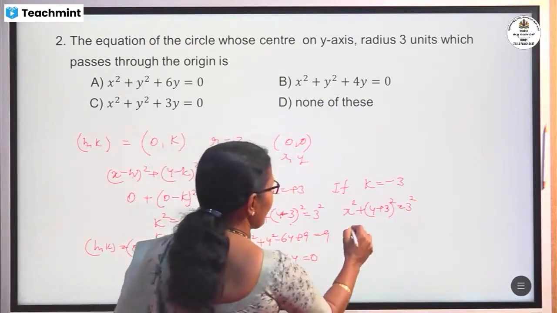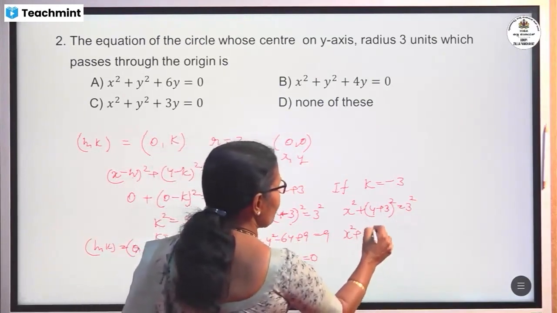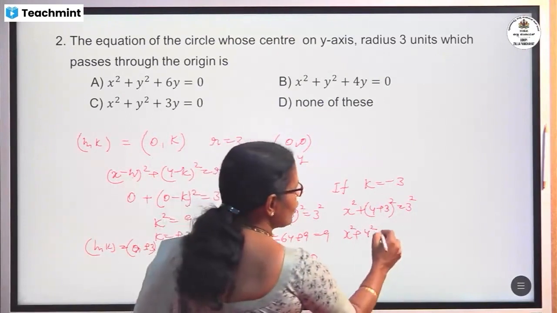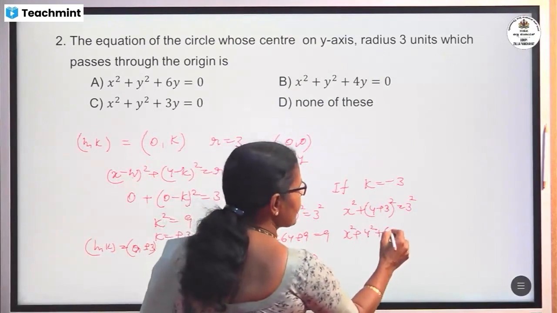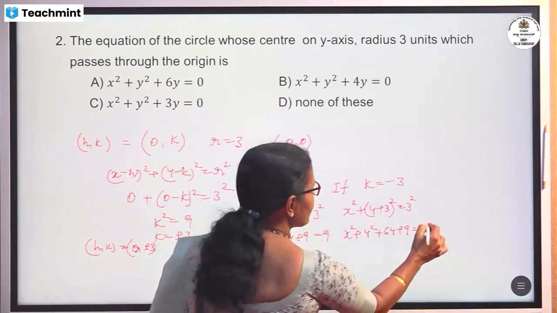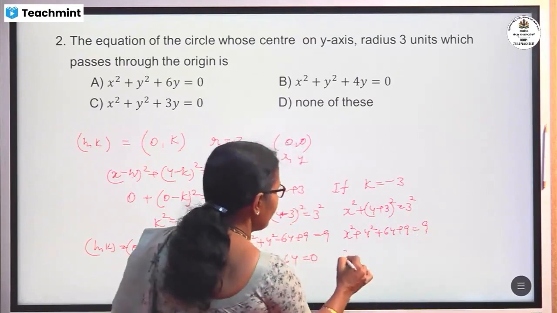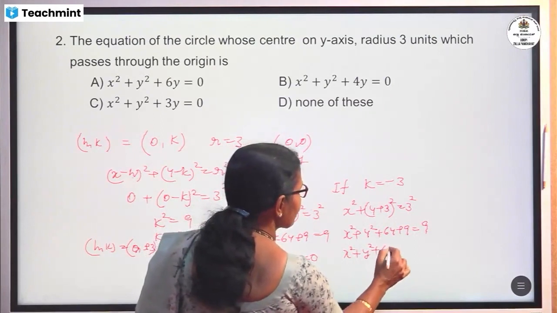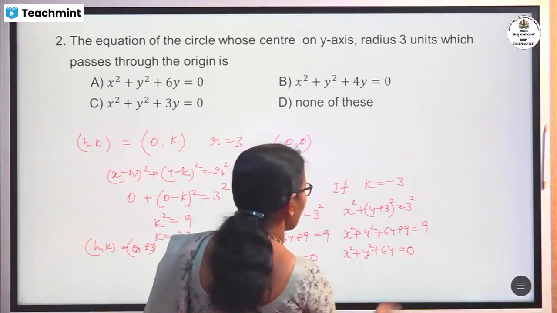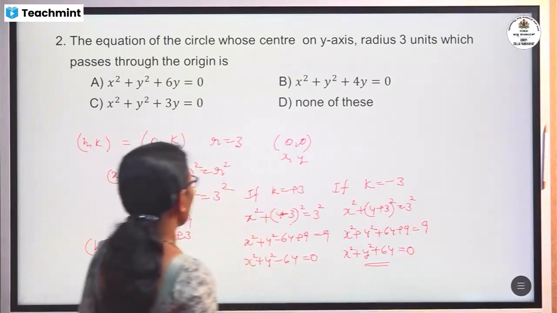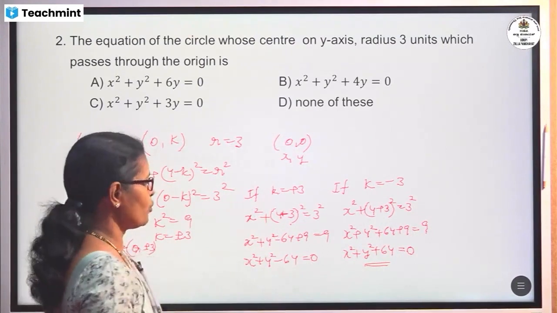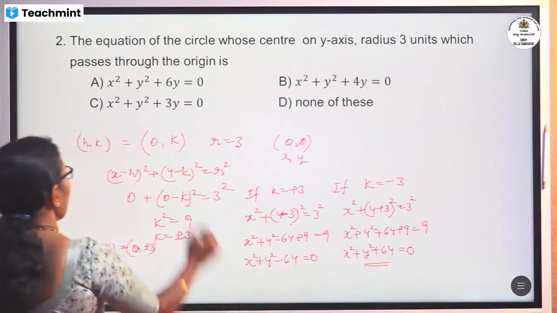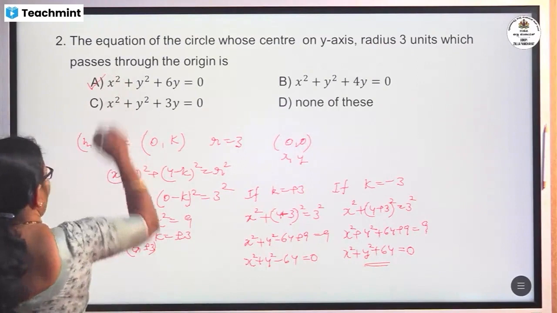When we expand this, x square plus y square plus 2ab means 6y plus 9 is equal to 9. Then we get x square plus y square plus 6y is equal to 0, which is the correct answer. Therefore, option A is the correct one.